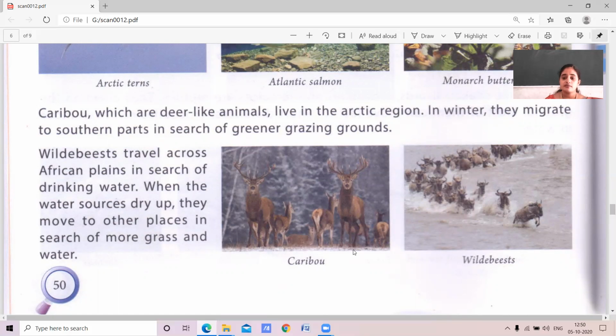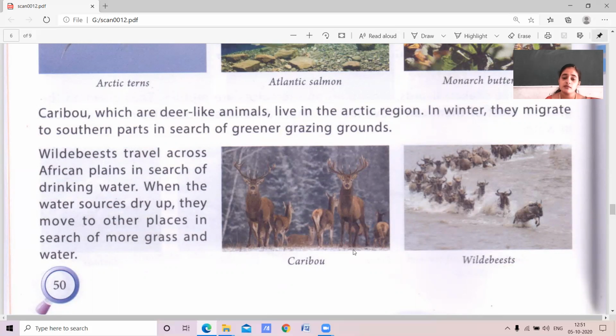Wildebeests travel across African plains in search of water. Not only for food, but for water also, animals will migrate. When the water sources dry, they move to other places in search of more grass as well as water.